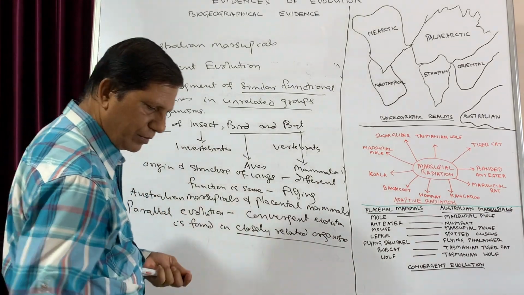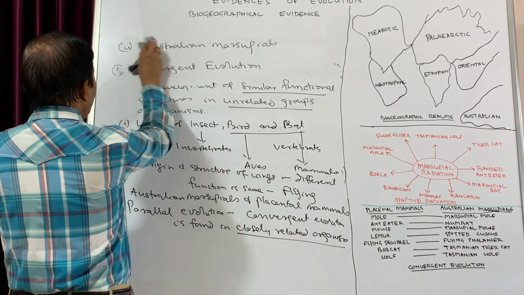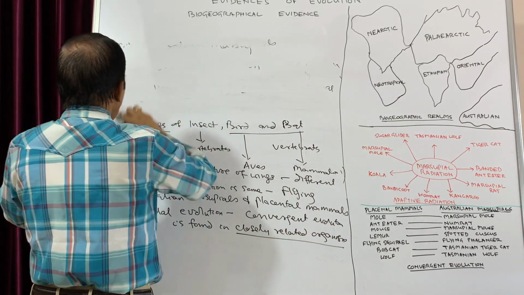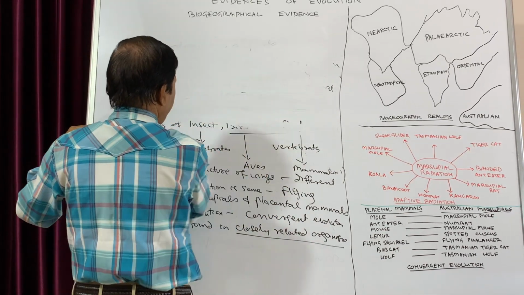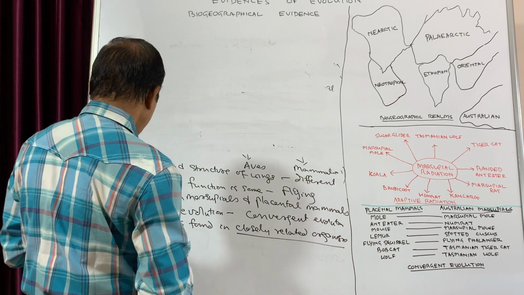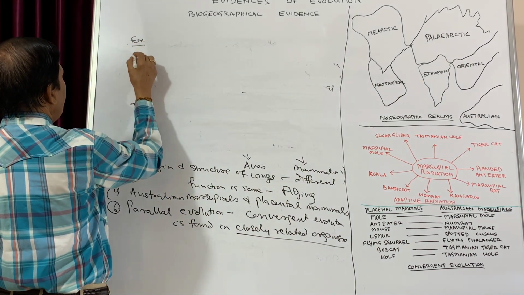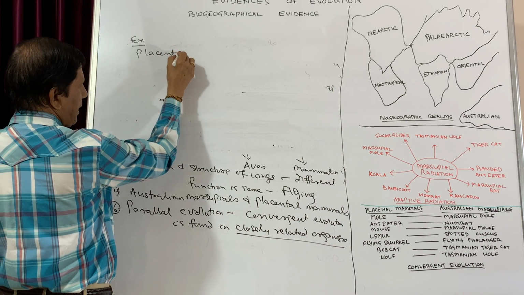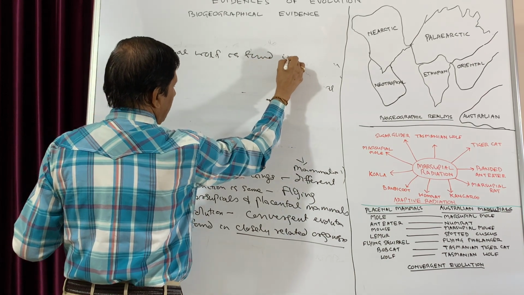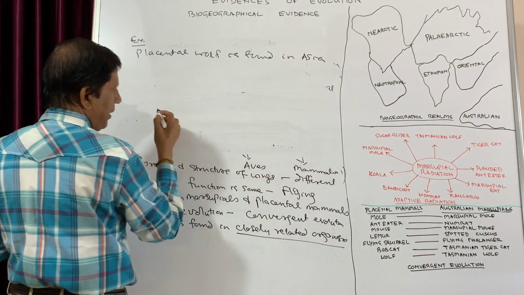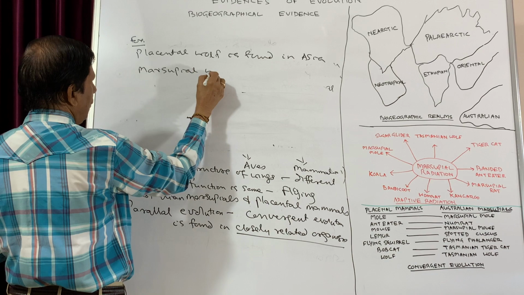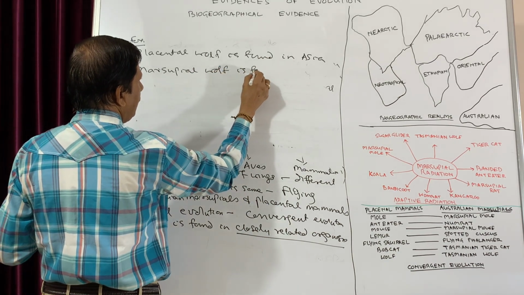So, examples of parallel evolution. One example you can give is the placental wolf, which is found in Asia, while a marsupial wolf is found in Australia.